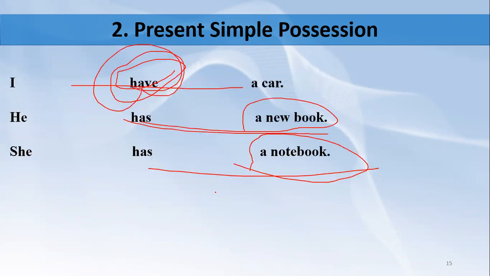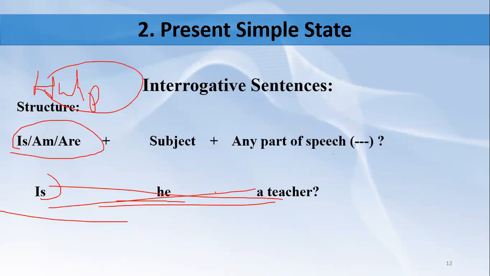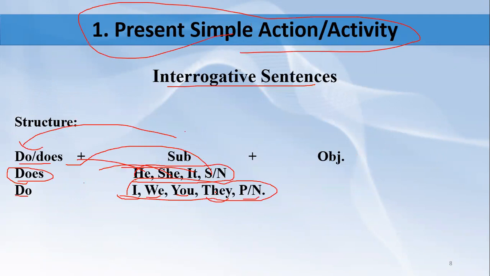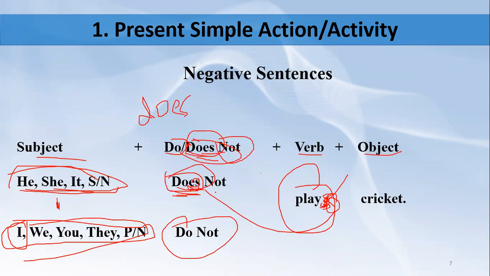Why is have only used? If you look at this one, present simple ability, action or activity, fine. So when we use do or does here, then we use only the first form of the verb, like play, without adding s or es.